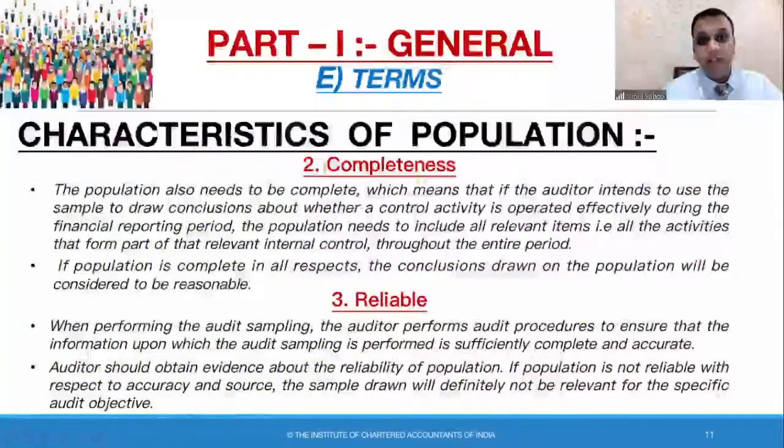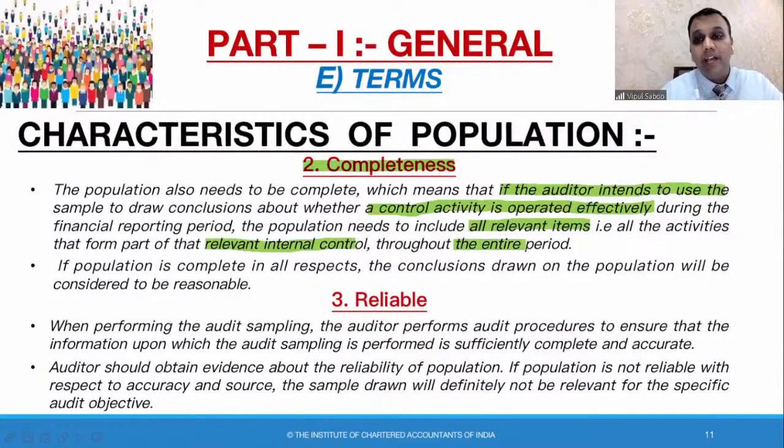The second part is completeness, which means that if the auditor intends to use the sample to draw conclusions about whether a control activity operated effectively during the financial reporting period, the population needs to include all relevant items. That is, all the activities that form part of that relevant internal control throughout the entire period.